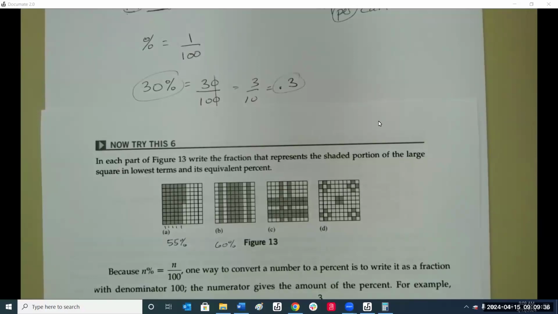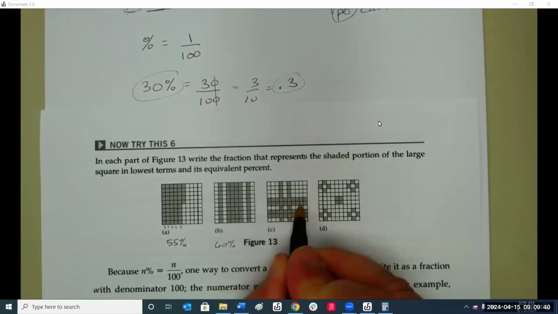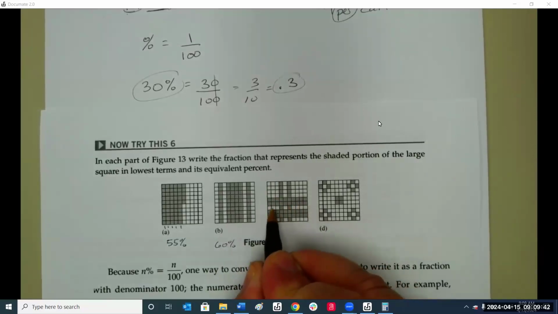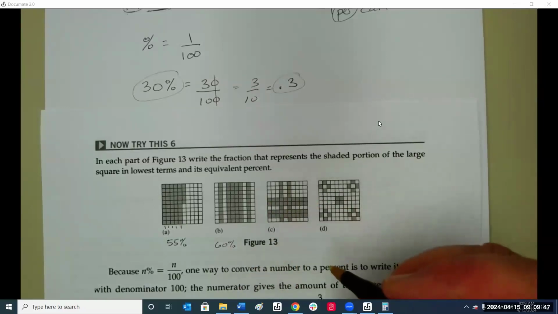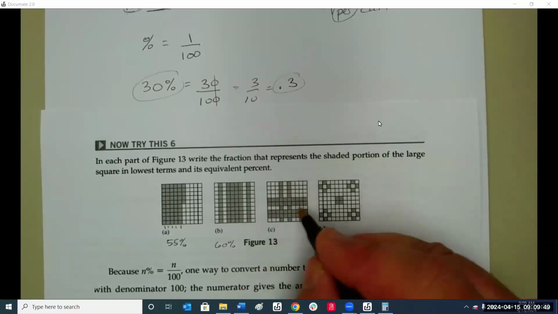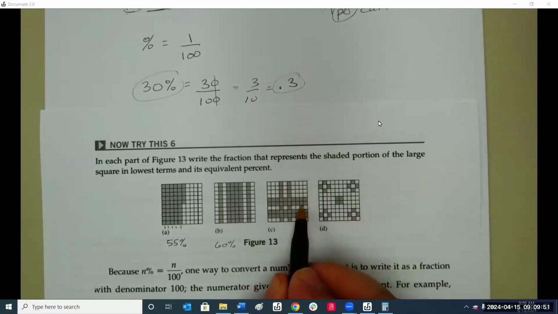You don't have to count each one separately. Well, how many rows are taken? 1, 2, 3, 4. There's 4 rows, right? How many columns? Each row has 10 boxes. So that's 40 there. And 20 more is how many?